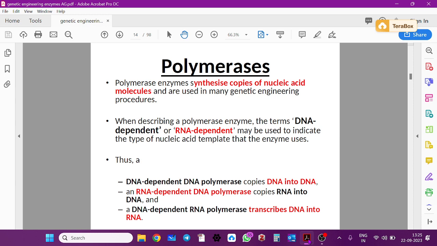As you know, it requires DNA as template. So you require NTPs, dNTPs, and other ions. And you can also have an RNA dependent RNA polymerase.